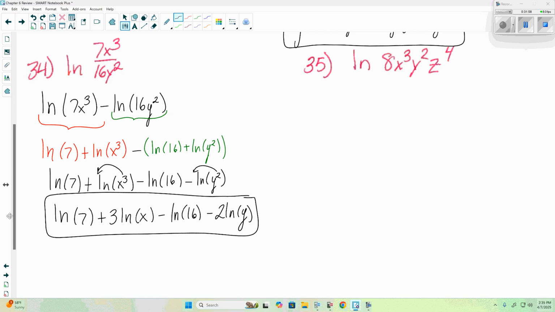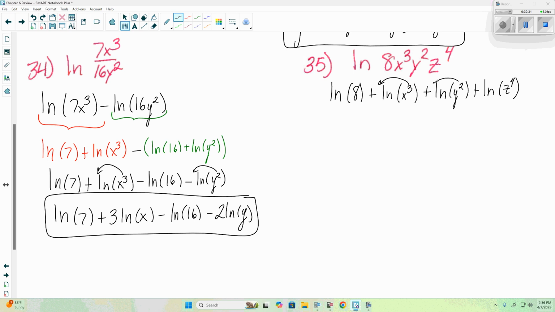While we're at it, we have some time. We can go on and do 35, natural log of 8x to the third, y to the second, z to the fourth. There is no quotient. We can go straight to the product, and we have our sum.